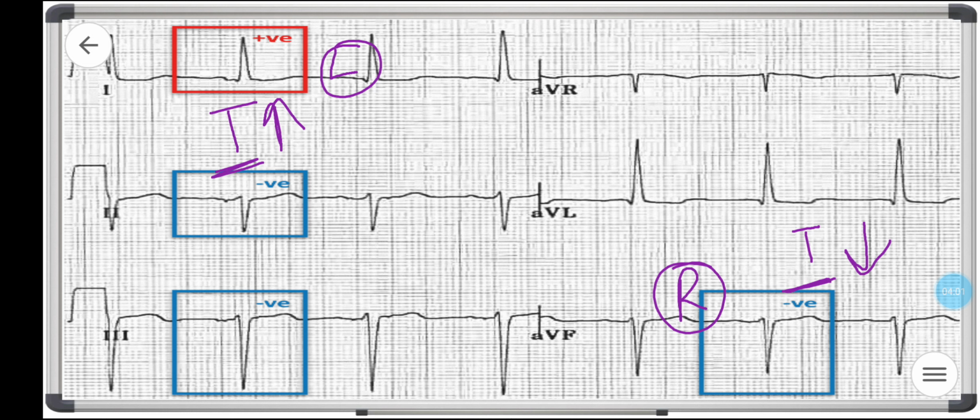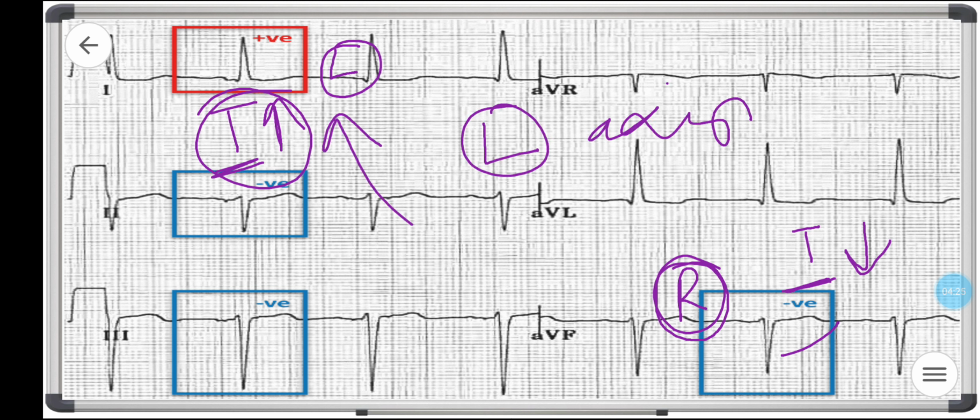Now if you look at this ECG, in lead 1, which is in your left hand, assume the thumb is up, and in AVF, which is in your right hand, the QRS is down, so the thumb is down. How are you going to interpret the result? According to the thumb which is up, so that's going to be the left axis deviation over here.